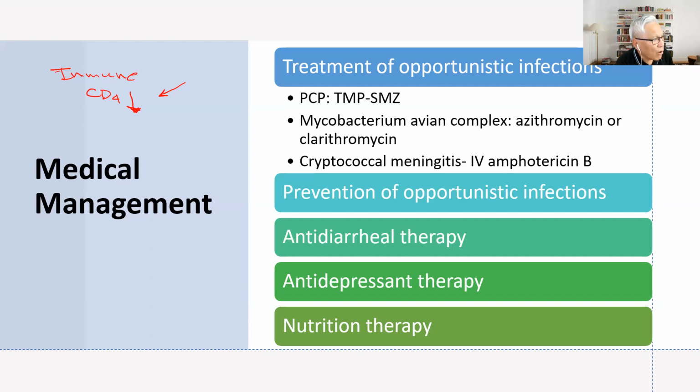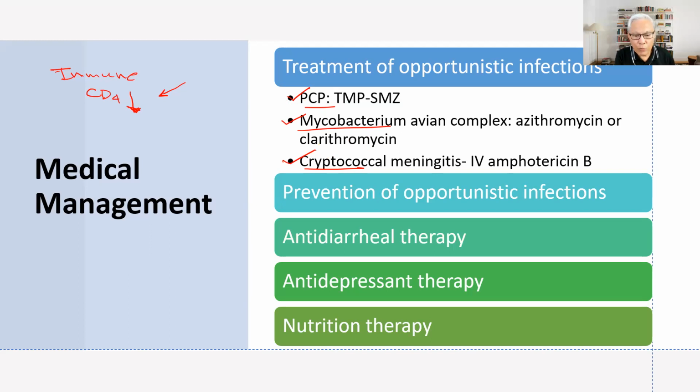So these are all medications that address specifically the most common infections. Our common infections are your PCP or PJP, your mycobacterium or TB, and your cryptococcal meningitis.